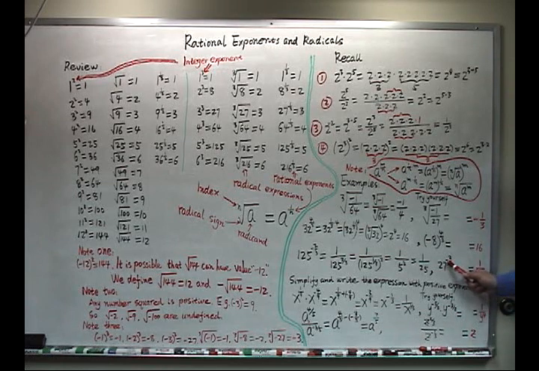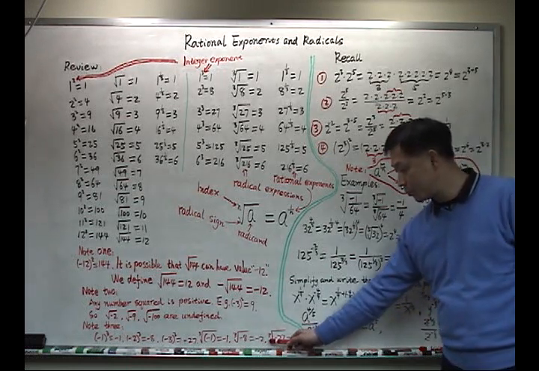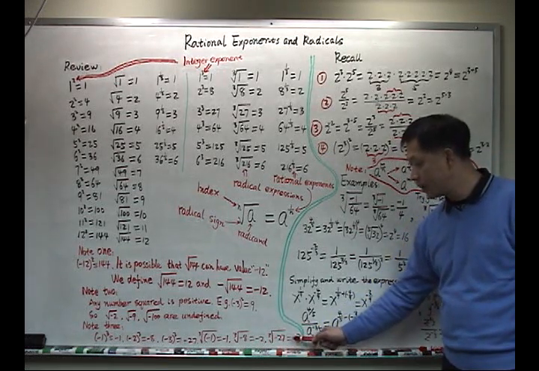You have a negative sign. If you want to delete that, you want to move 27 to the 2/3 to the denominator. 27 choose cube root because there is a 3 here. 27 choose cube root is 3. We have a negative 27 choose cube root is negative 3.